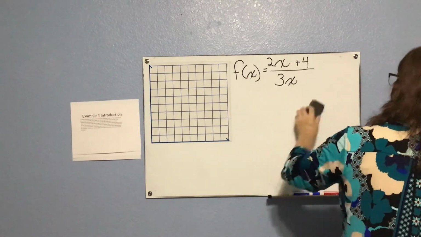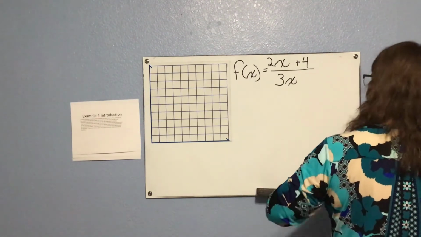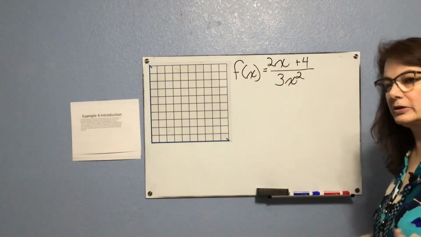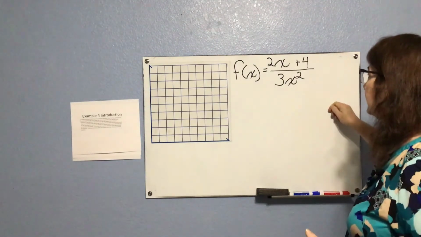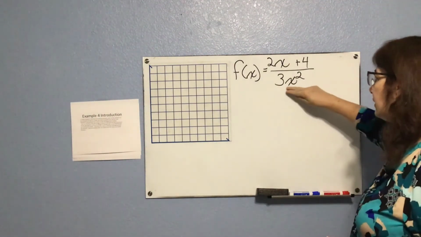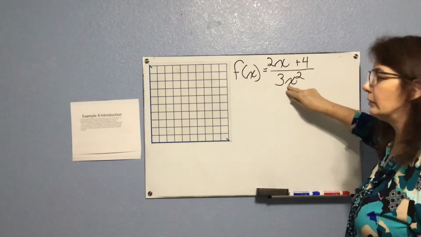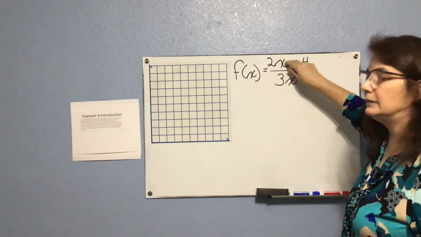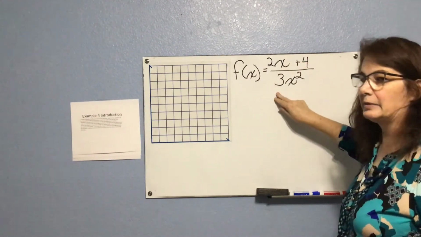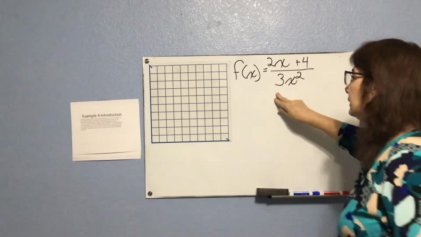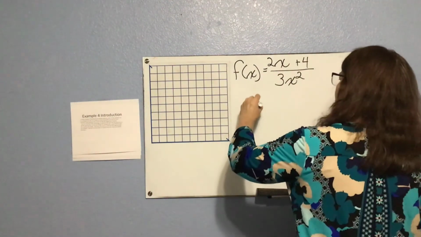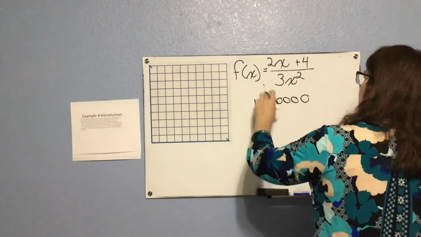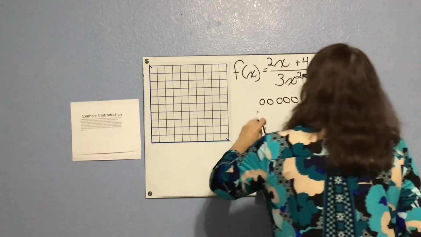Okay, we've got one more situation. What if the denominator degree is larger than the numerator degree? When I make x very, very large, this is going to be much larger than this. And what happens when I have a number divided by a number that's much larger? Let's think of it this way. Let's say x is 1,000,000.